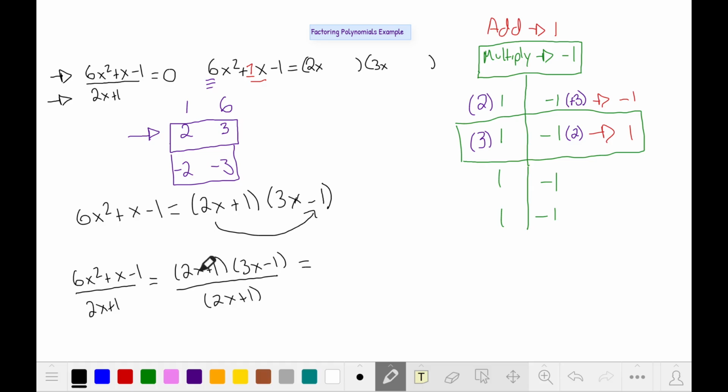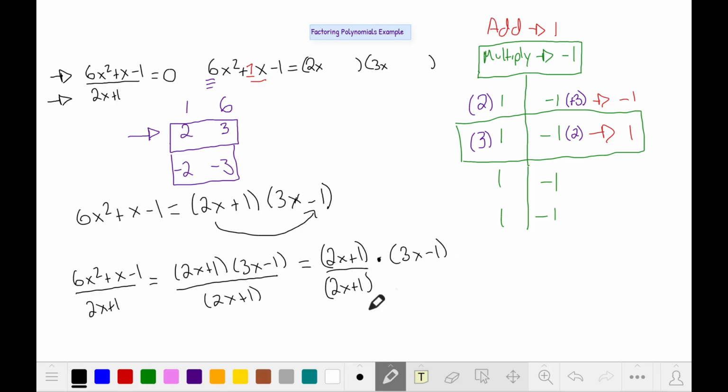So if you remember the basic algebra video, if we're multiplying and then dividing by the same thing, and it's all multiplication and division, the order doesn't matter. So I'm going to choose to do 2x plus 1 divided by 2x plus 1 times 3x minus 1.